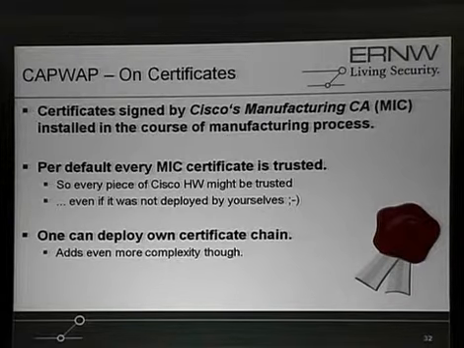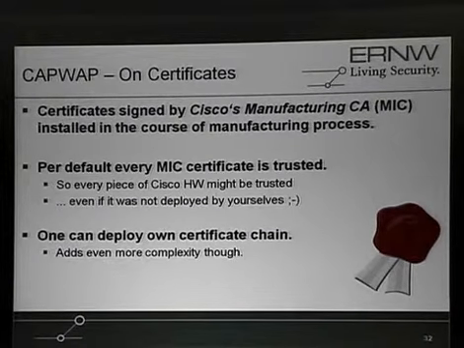As for the certificates, Cisco does, we think, a clever thing here. That is supplying the devices with a certificate that is already present by the manufacturing process, by a known manufacturing CA, which overall is a good approach.